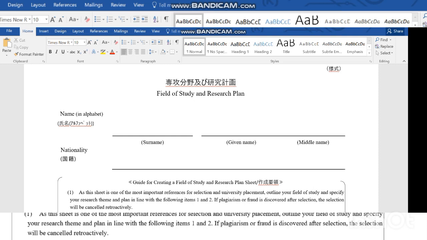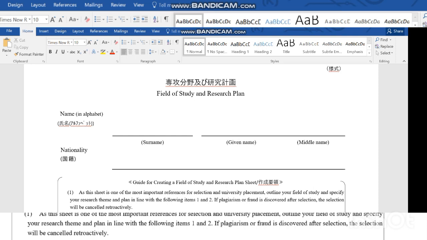Okay, so the first document for today, the field of study and research plan. We're going to read through each stage of it and go through it to the best of my abilities.